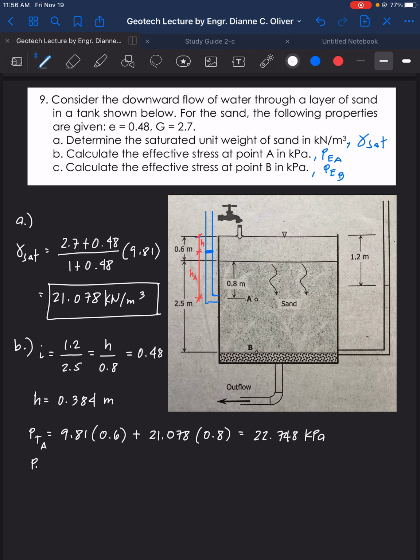Next, we have pore water pressure at A, that is 9.81.